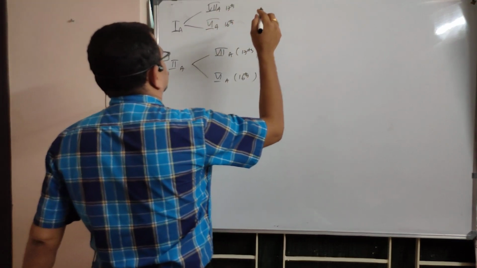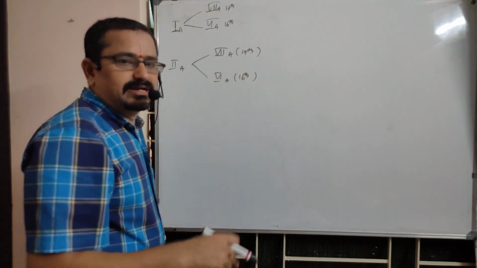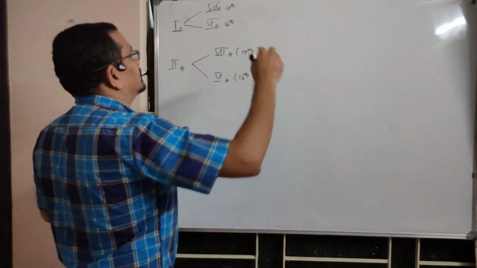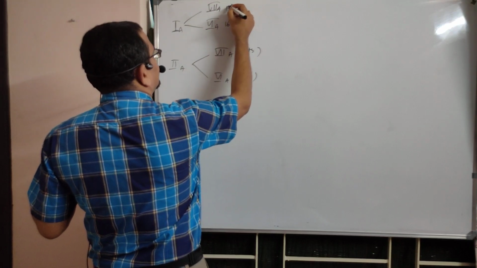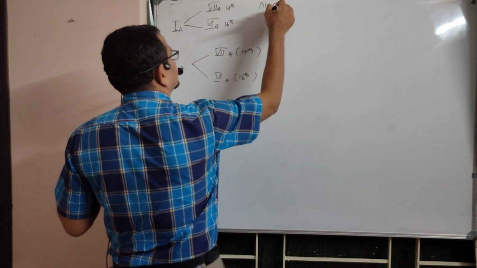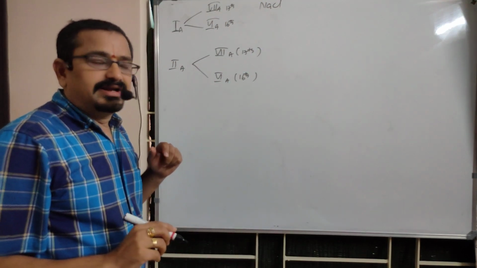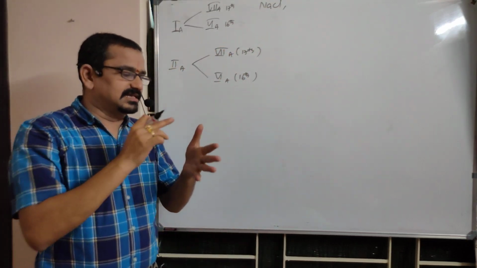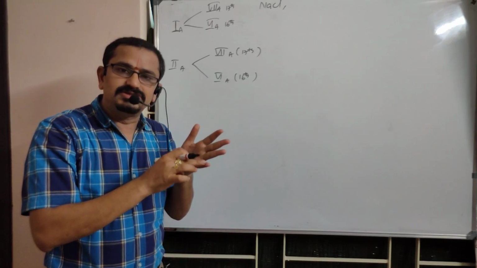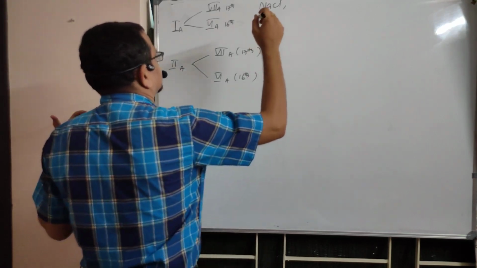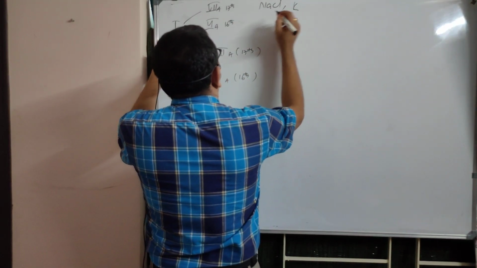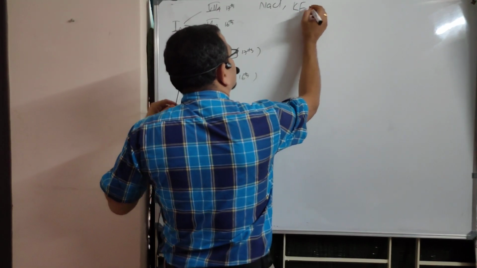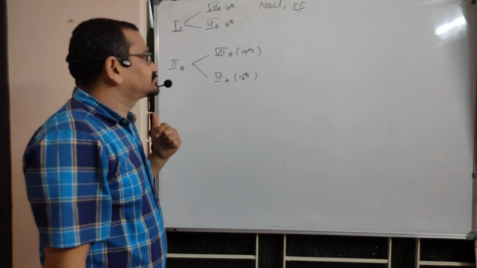So what are the combinations? 1A group element, for example, sodium, and 17th group element chlorine, NaCl, we already discussed. Similarly, take other 1A group elements. What are 1A group elements? Lithium, sodium, potassium, rubidium, cesium, francium. Now take potassium from 1A group and fluorine from 17th group, potassium fluoride.